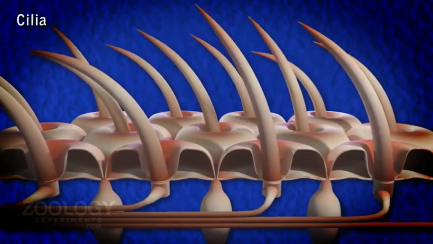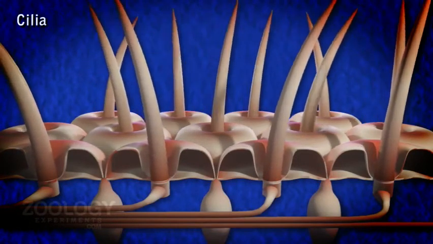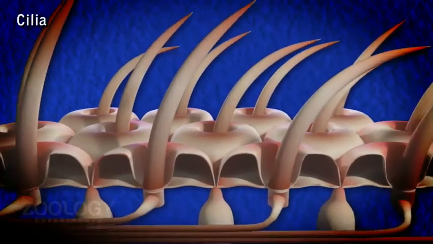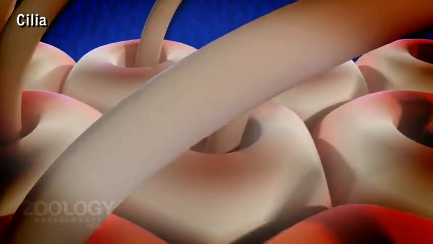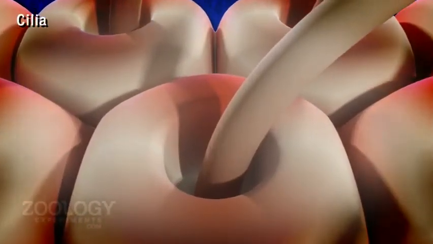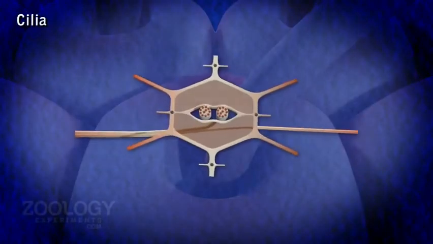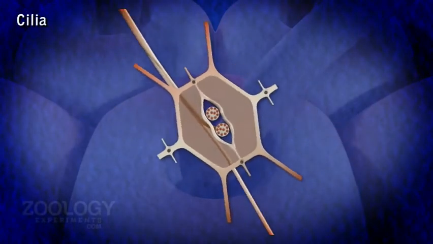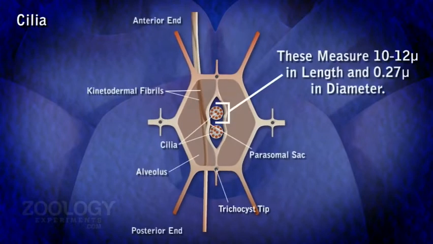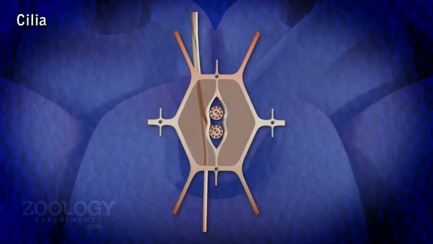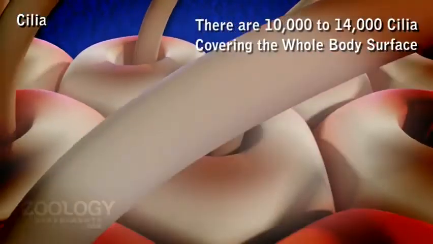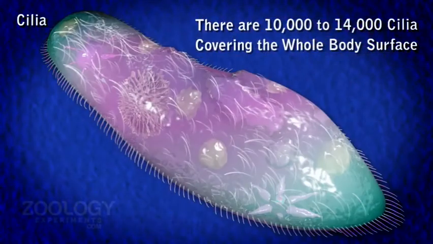Cilia. The entire body surface is covered by numerous tiny hair-like fine projections called cilia. These measure 10 to 12 microns in length and 0.27 micron in diameter. There are 10,000 to 14,000 cilia covering the whole body surface.